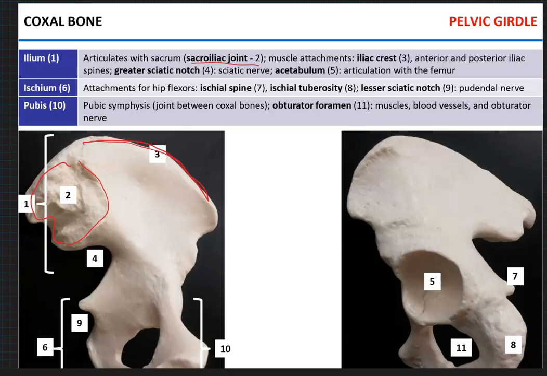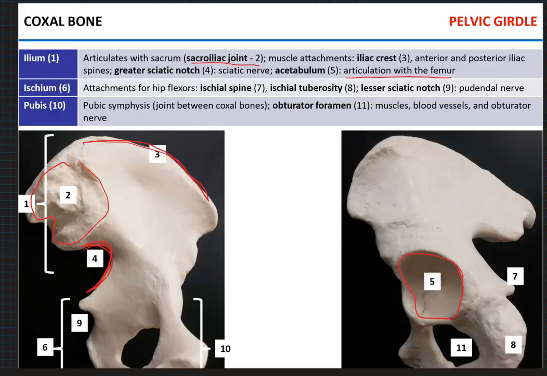Greater sciatic notch, seen here, is the passageway for a sciatic nerve, and the acetabulum is the site of articulation with the femur, the bone that comprises the upper leg.